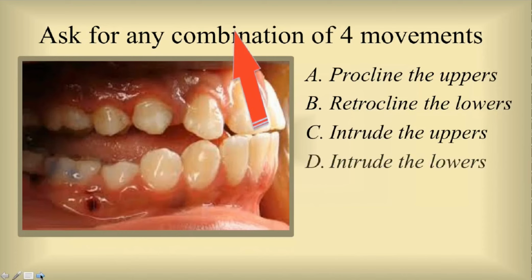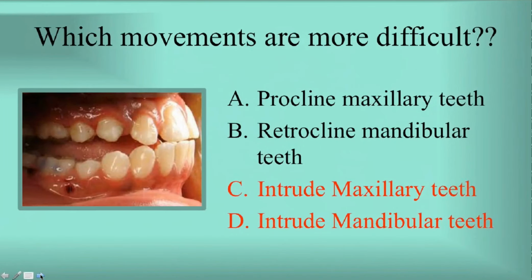Or you're going to ask for intrusion of the lowers. Any of those 4 combinations are the ones that are going to produce the results that you're looking for. Those 4. Which are the hard ones? Well, intrusion of the maxillary teeth and mandibular teeth is harder than proclining and retroclining. So if you can favor one over the other, that would be good, because those are the 2 tough ones.